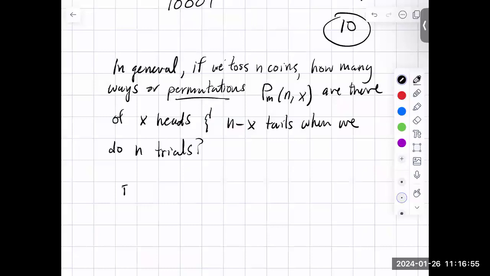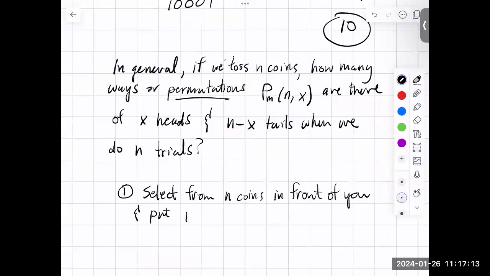So step one is to select from our N coins in front of you and put one into our heads pile. Okay, so we have N possible choices.